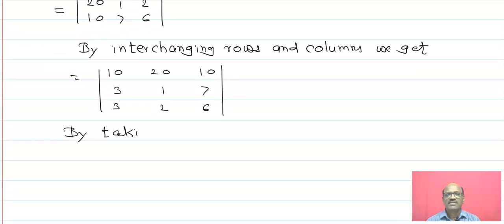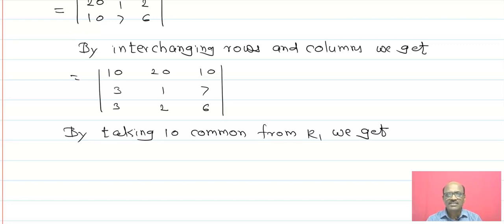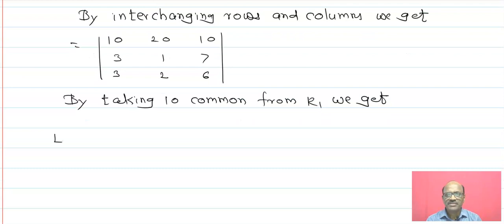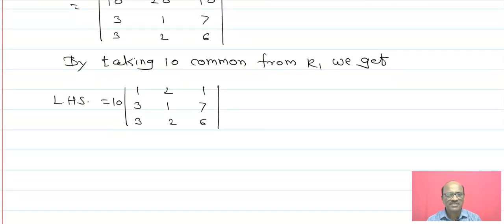Therefore, by taking 10 as common, then we will get the result. Now this exercise is comparatively very tough, because we have to apply the properties of determinants. By practicing a number of times, you can solve the examples.